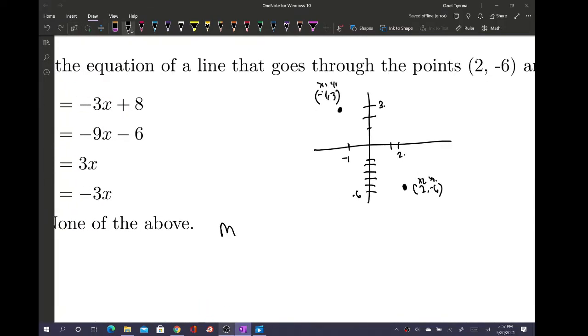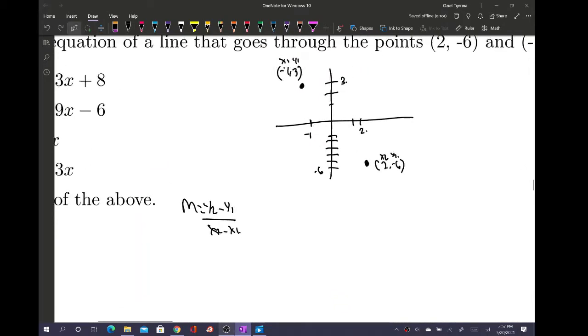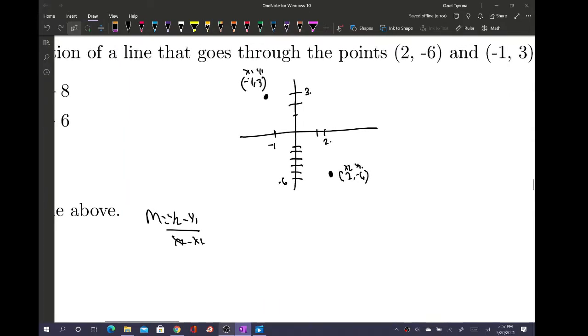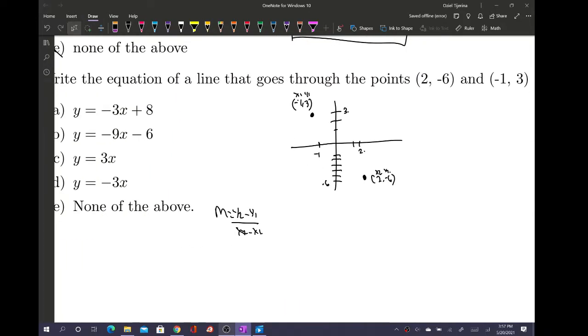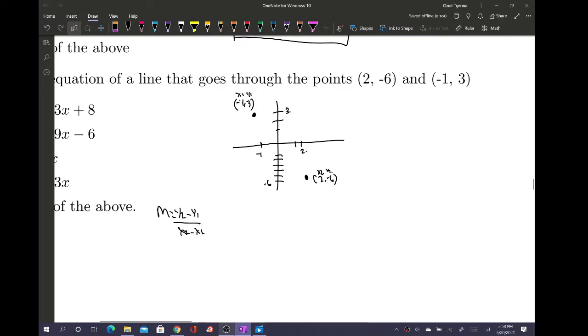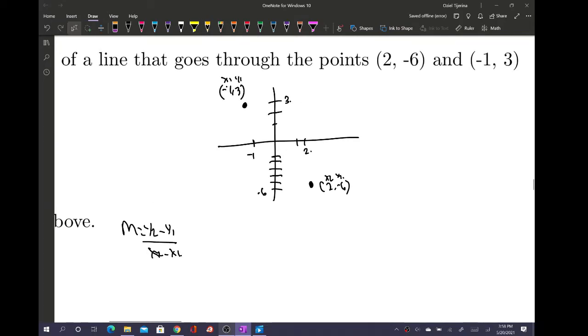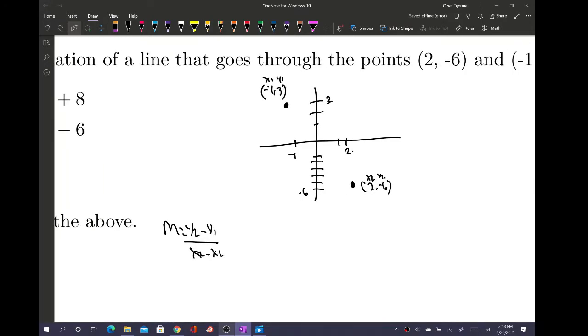So your m would be (y2 - y1) over (x2 - x1). Of course, there are ways to do this, but because it's asking for it in slope-intercept form, I'm going to go ahead and do it without doing point slope. But you can do it using point slope if you know how to do that.